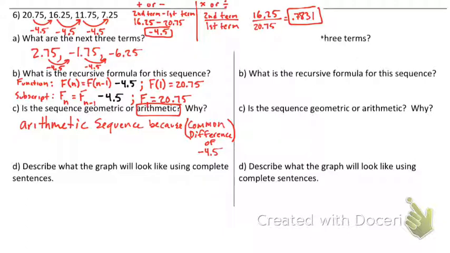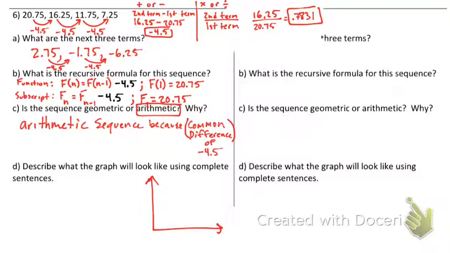So that's an arithmetic sequence. And then the last thing is describe what the graph will look like using complete sentences. Well, since it's arithmetic, from Tuesday I had explained that arithmetic sequences always make a line graph. So I'm going to just sketch this graph real quick. It's not accurate.